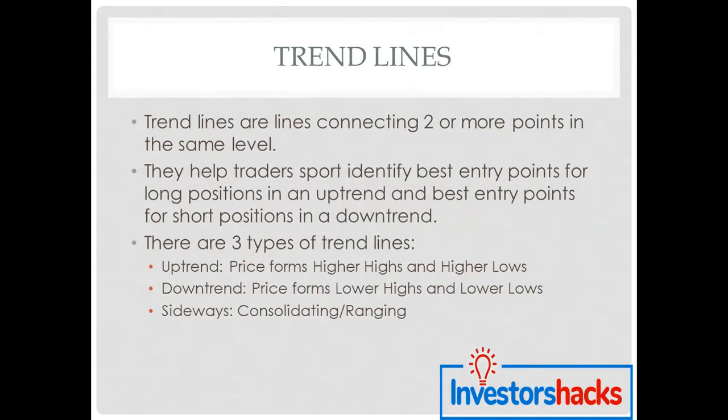There are basically 3 types of trend lines. We have the uptrend, that is when the price is forming higher highs and higher lows. I will be able to illustrate that, don't worry. We have the downtrend, that is when price forms lower highs and lower lows. And we have the sideways, this is when the market is consolidating or ranging.